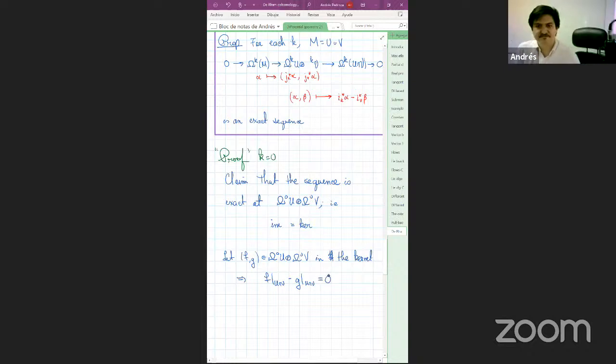Right? I have an element f comma g that is in the kernel. That means f restricted to the intersection minus g restricted to the intersection is the 0 function. Okay.